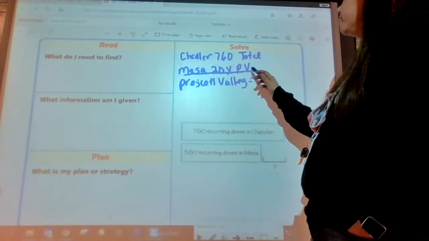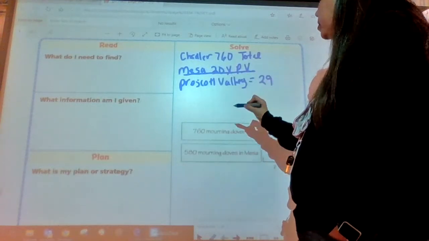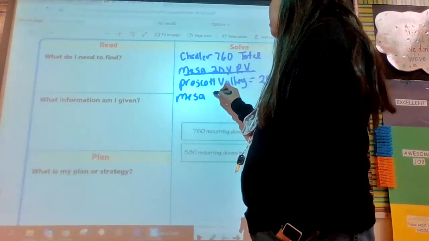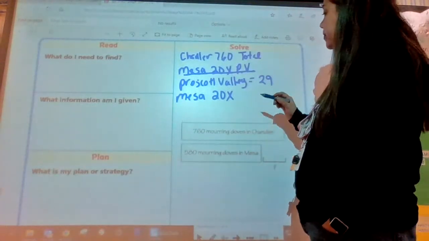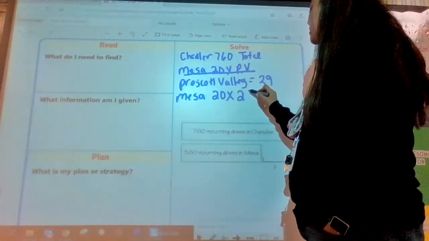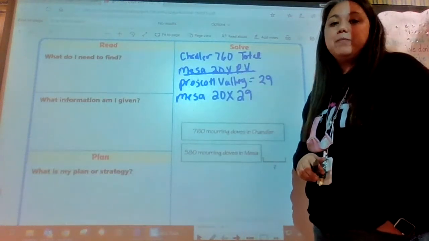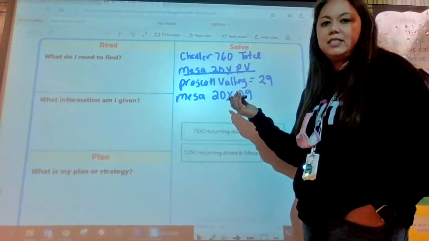Well, I know that Prescott Valley is 29, so then I'm going to rewrite that problem. I'm going to find out what Mesa has, and that would be 20 times, because it did say times, it said bigger, it's going to go up, 29. Wow, here's a good problem for us because we've been multiplying by tens already. And we also know how 2 by 2, but this has a 0 on it.